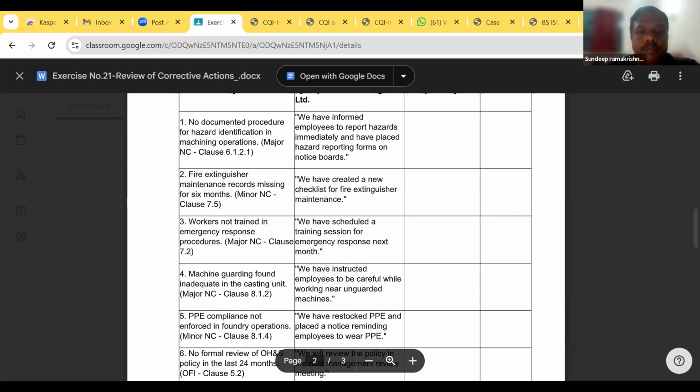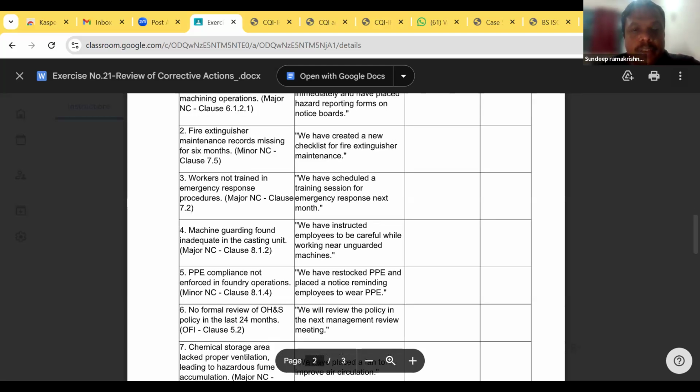Next: PPE compliance not enforced in foundry operation, which you as auditor are giving under procurement 8.1.4. The auditee is saying we have restocked PPE and placed a notice reminding employees to wear PPE.